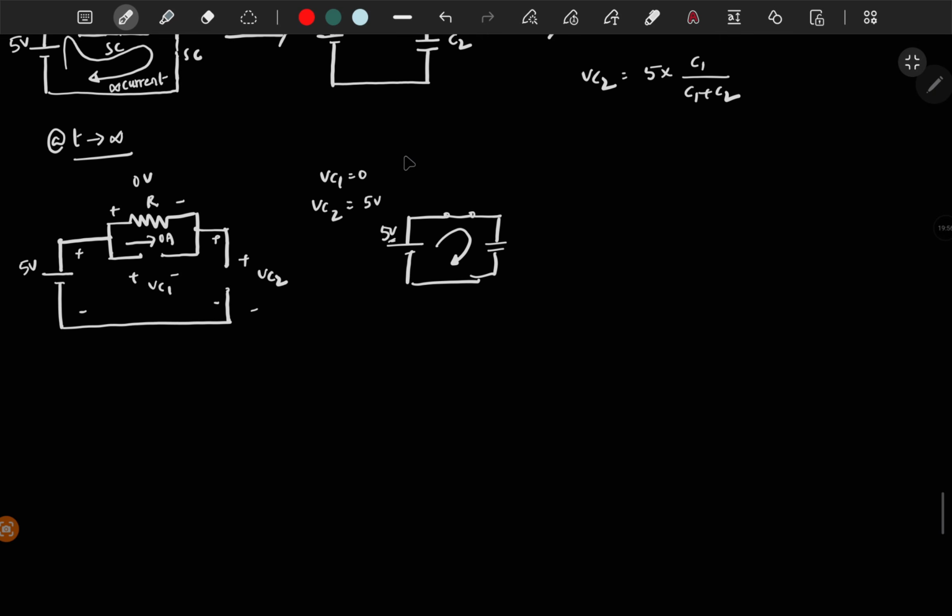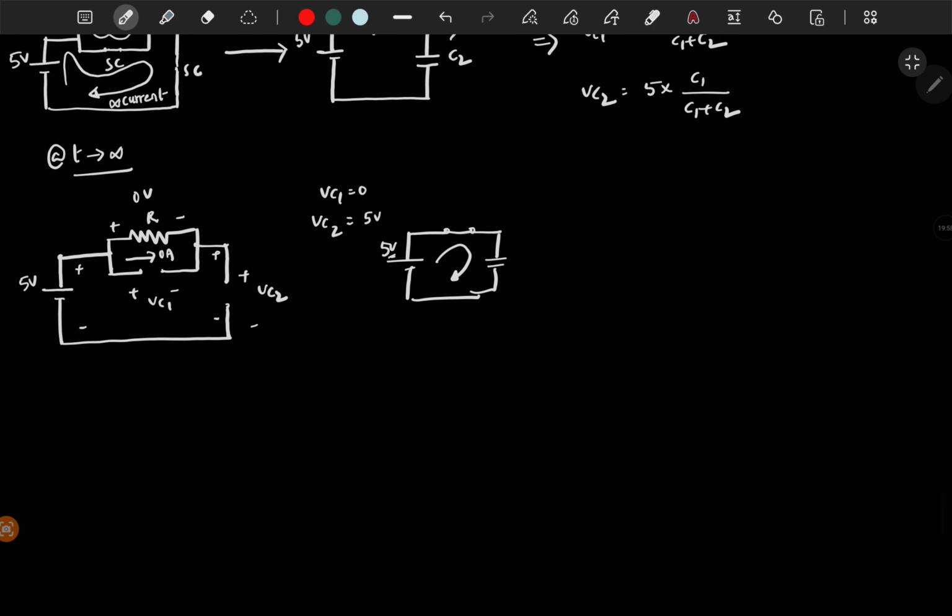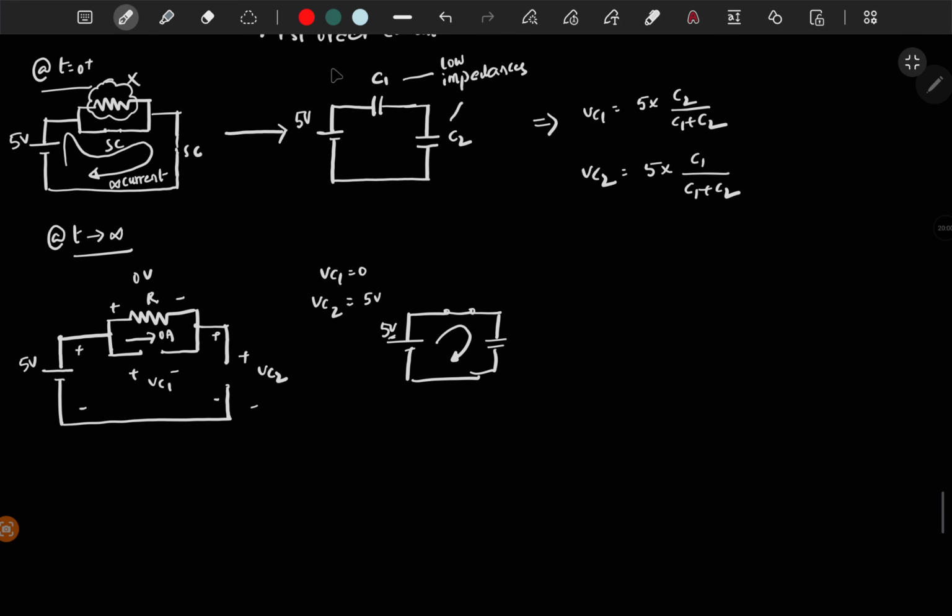So these are the steady state voltages of both the capacitors. If you draw the waveforms, let's say this is for Vc1 with respect to time. Till t is equal to 0, it is 0. And at t is equal to 0, the voltage across the capacitor C1 is going to 5 times C2 by C1 plus C2.